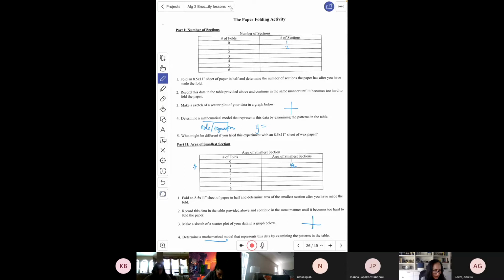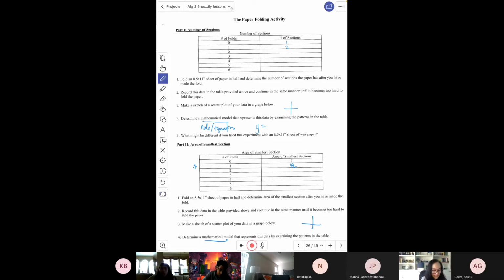Ariana, we good? We able to get the table of values? Yes. For both of the tables? No, not both. For the first one? Yes. Excellent.